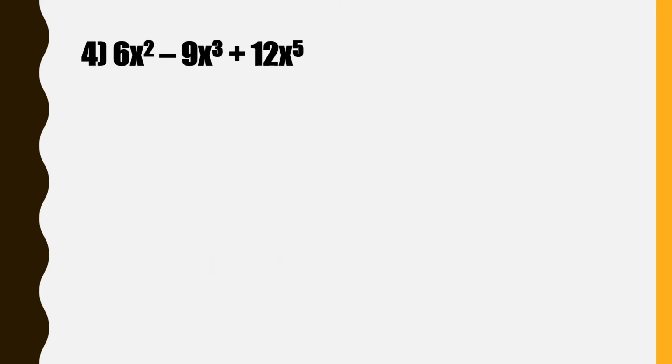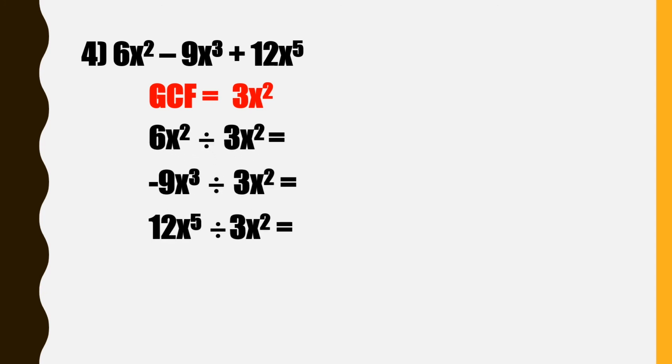In our last example, we have three terms: 6x squared, negative 9x cubed, and positive 12x to the 5th power. First, get the greatest common factor. That is 3x squared. Since nakuha natin ang GCF, again, siya ang divisor ng each term.